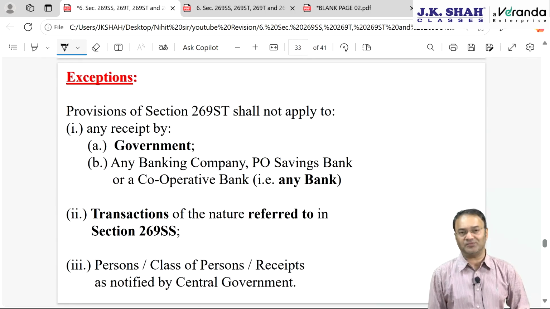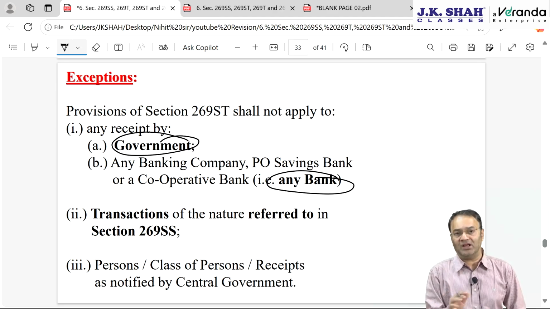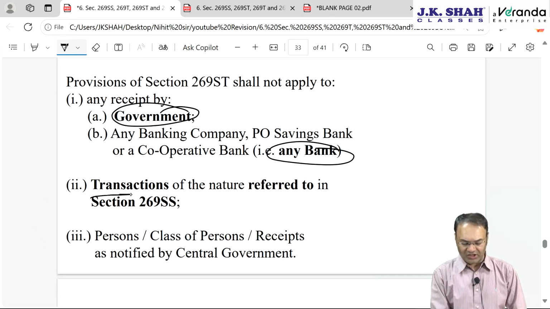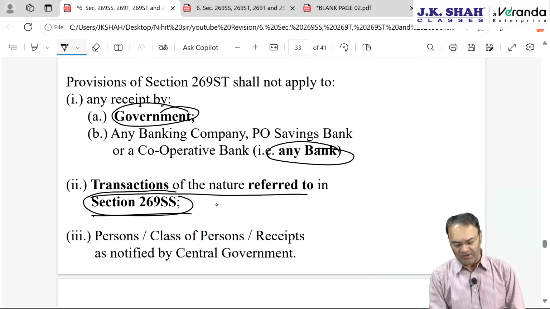Exceptions. Multiple exceptions are there, which the government realized after introducing this section. It says if received by government or any bank, then not a violation. So you go to a bank and put a 3 lakh FD, the bank receives 3 lakh cash from you, no problem, it's fine. Or transactions which are covered by 269SS, because transactions covered by 269SS already have a limit of 20,000.